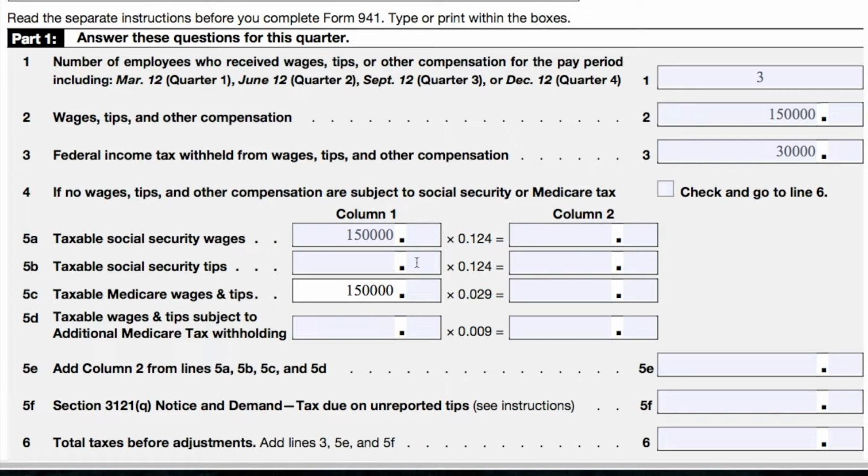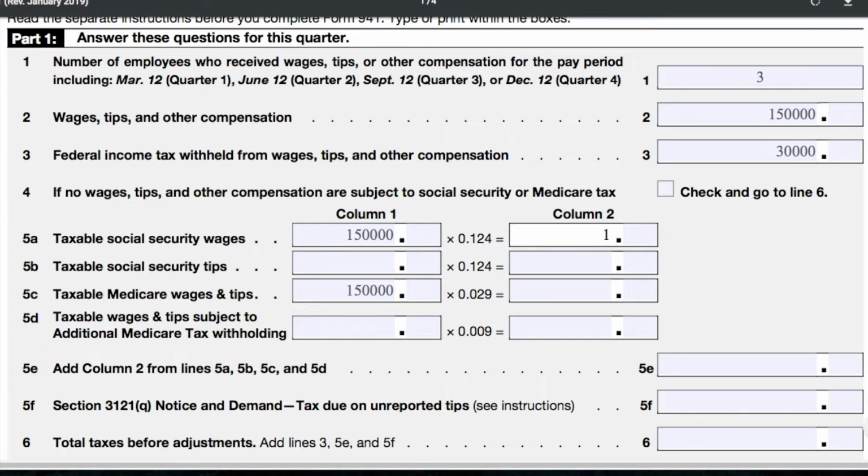Now, Social Security, Medicare, and Medicare surtax are 3 different tax rates, which the IRS has conveniently provided on the form here for you, so you simply have to do the multiplication. If I multiply $150,000 by 0.124, I get $18,600.